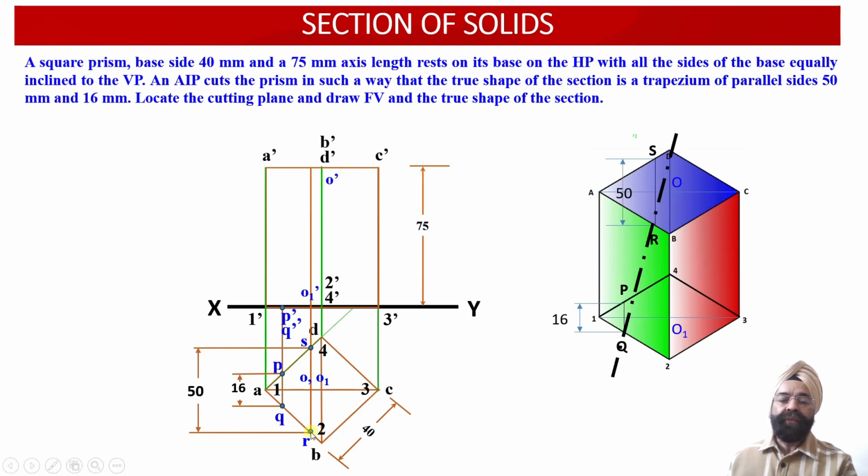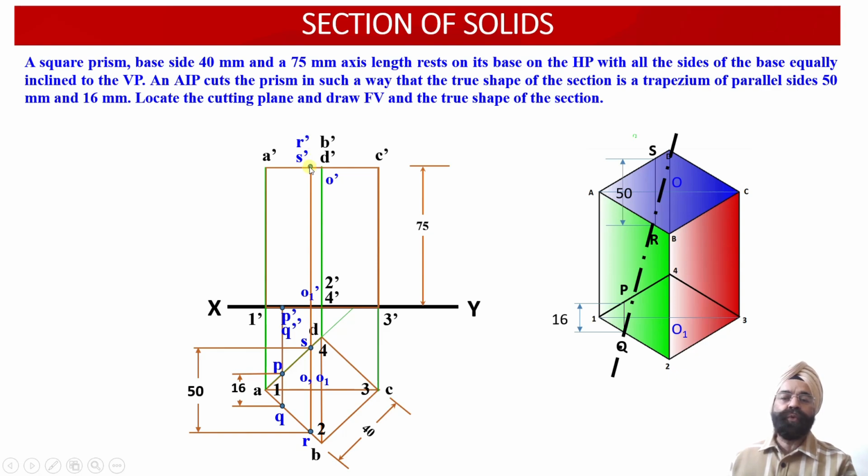Now, when we look at these 2 points from the front side, onto the top face corresponding to RS, if we draw a vertical projector, we locate the coincidence of the points R dash with S dash.